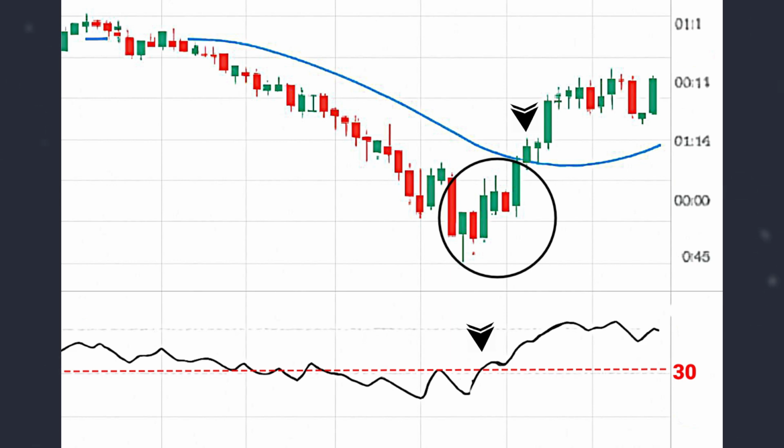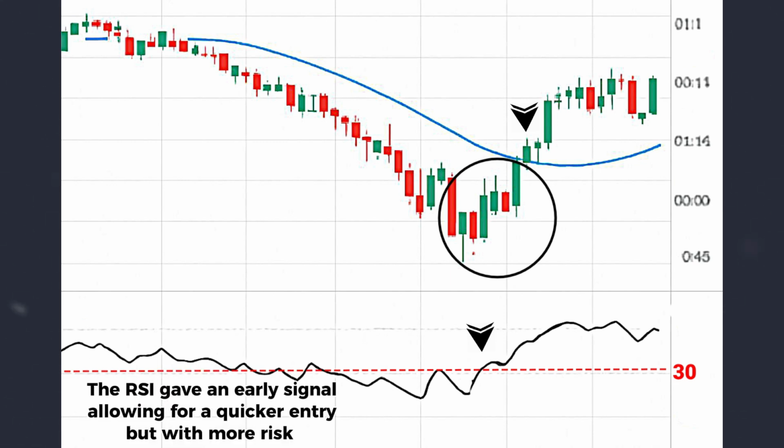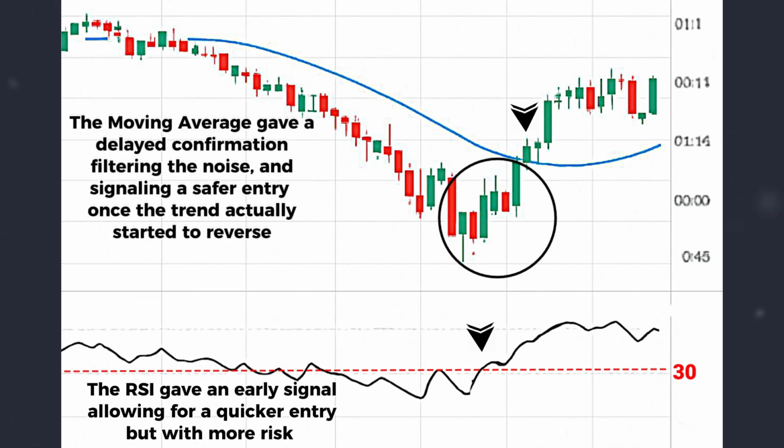Only after the price closes above the EMA, and the moving average starts flattening, or turning up, a more reliable confirmation appears. The RSI gave an early signal, allowing for a quicker entry, but with more risk. The moving average gave a delayed confirmation, filtering the noise, and signaling a safer entry, once the trend actually started to reverse.